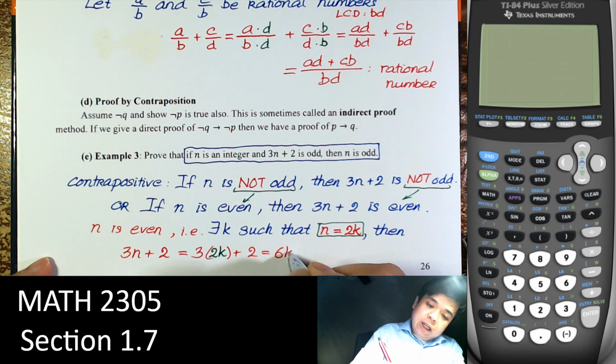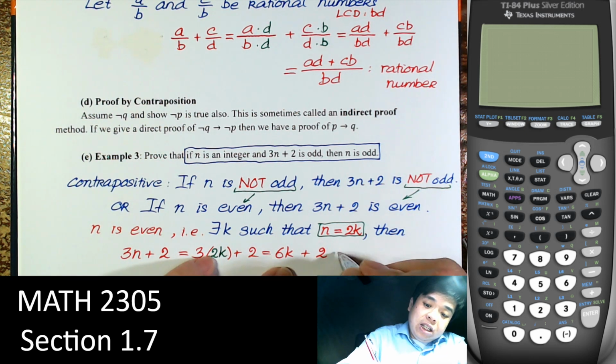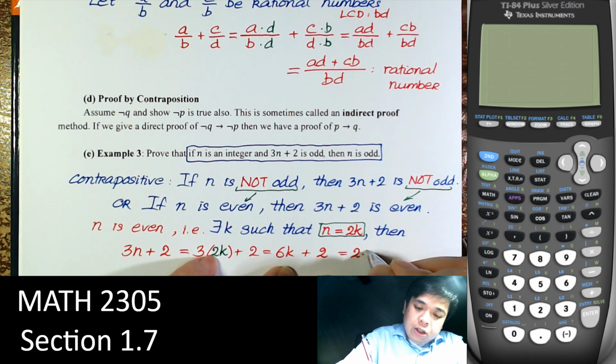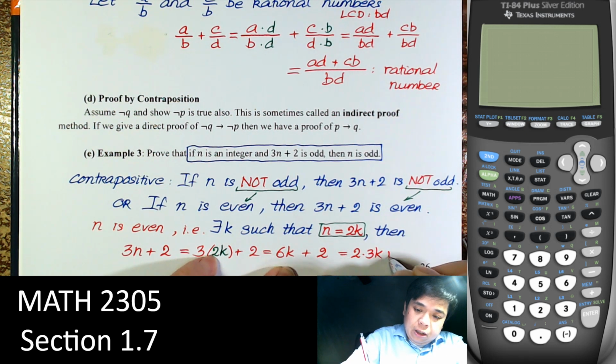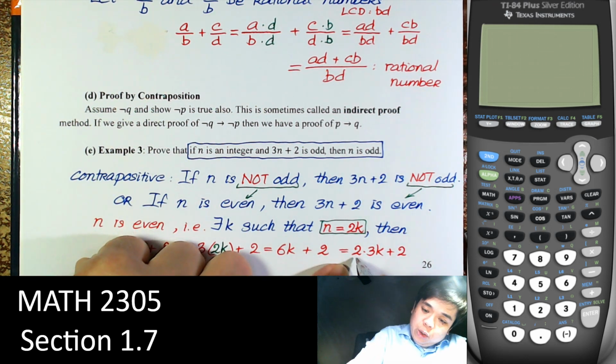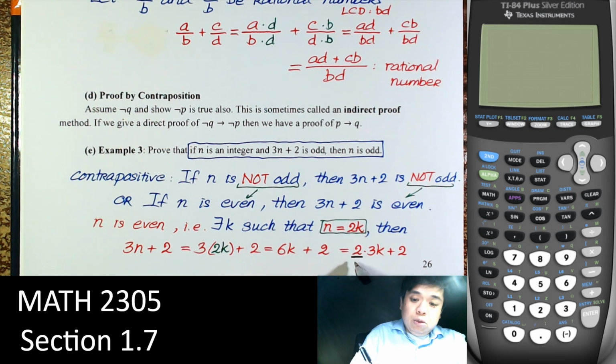Give us 6k plus 2. Now, we need to show that this one is even. The 2, of course, is even. We can say 2 times 3k plus 1, right? The reason we need the 2 here, because 2 multiplied by something makes this even. An even number plus 2, so that's still even.